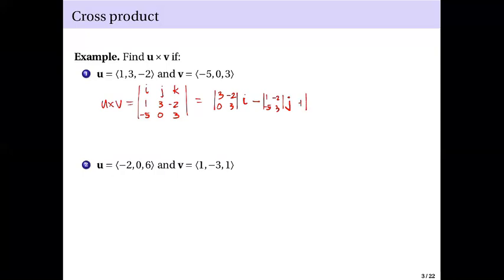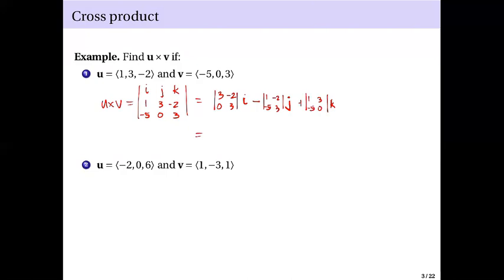And then the determinant of the submatrix, and then your vector k. For the vector k, you remove the third column and first row, so you will have 1, 3, negative 5, 0. And then just simplify.